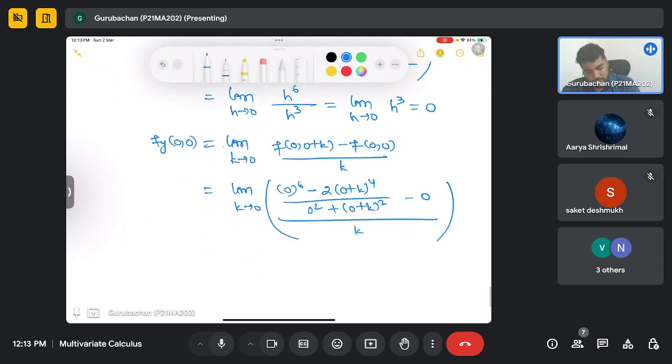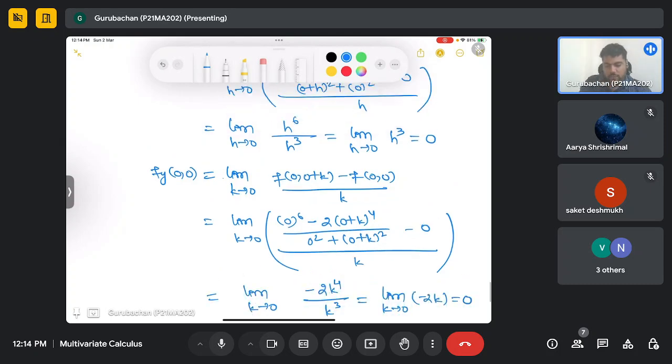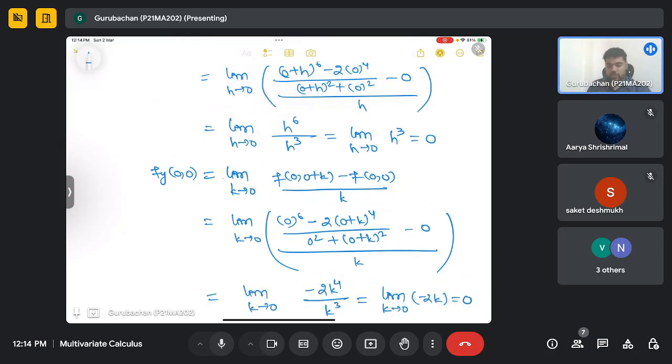So this will give us the limit as k tends to 0 of minus 2k^4 divided by k^3, which is the limit of minus 2k, which is 0. So we got our partial derivative fy at (0, 0) is 0.